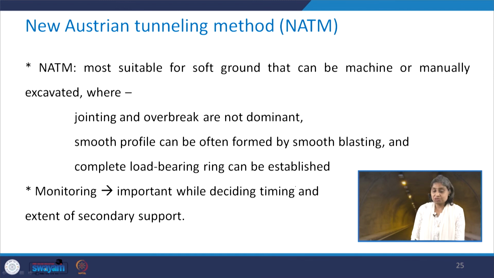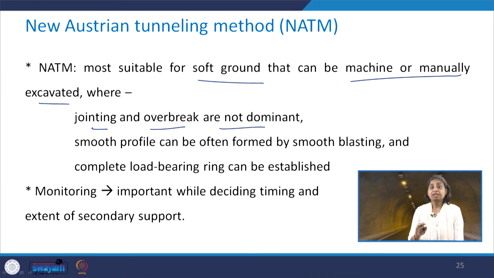NATM is most suitable for soft ground which can be machine or manually excavated, where jointing and overbreak are not dominant, where the smooth profiling can generally be formed by smooth blasting. Smooth profile means that upon excavation, of course, you will never get a properly smooth surface. It is going to be undulated, but too many undulations should not be there.